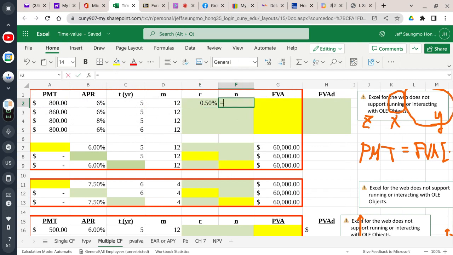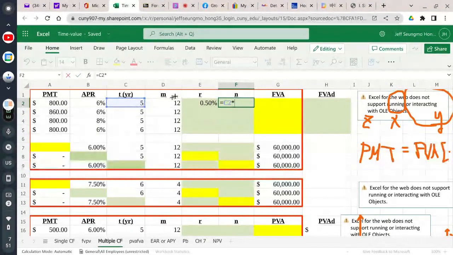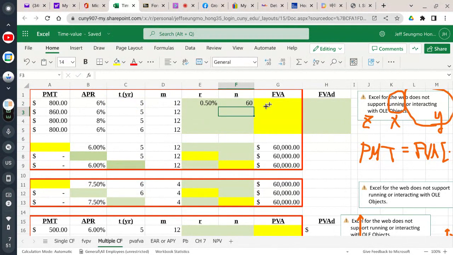Now, we know it's going to be 60 total number of compoundings, because 5 years times 12. Hit enter.